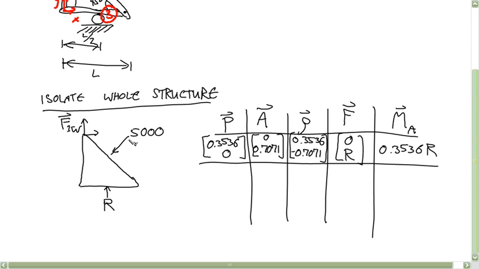Now let's do this 5,000 Newton force. Just to make the math a little simpler, you can move this anywhere along the line of action, right? So I'm going to move it down to the origin. We'll say that it acts at 0, 0. So that makes rho 0, negative 0.7071.